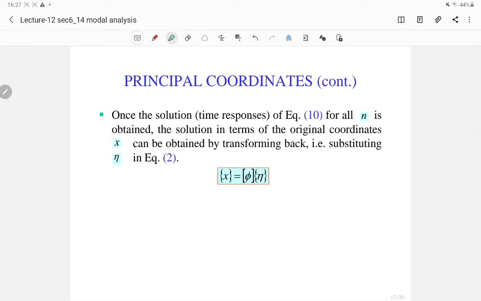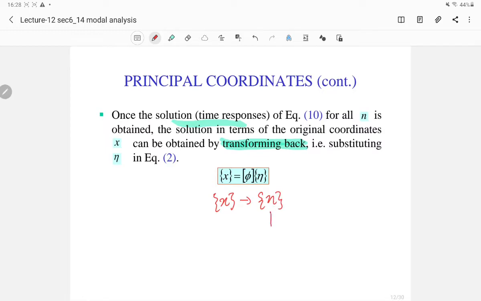Once you have the solution, you need to transform back. Previously we transformed from x to eta using this equation.